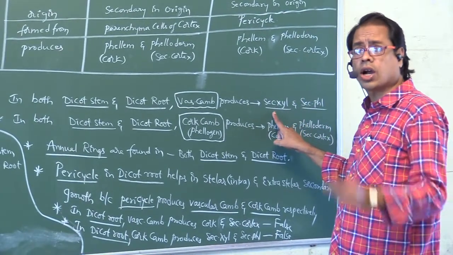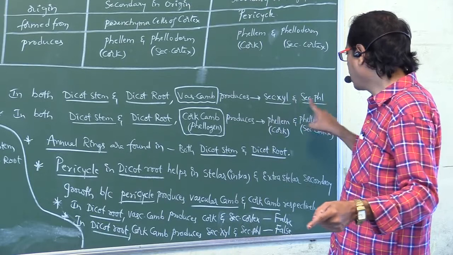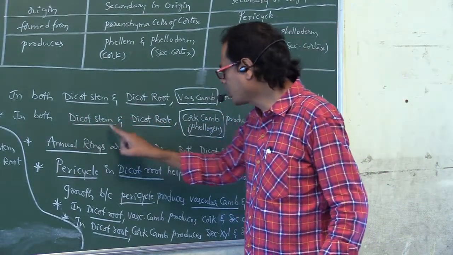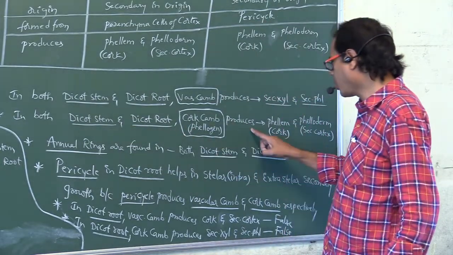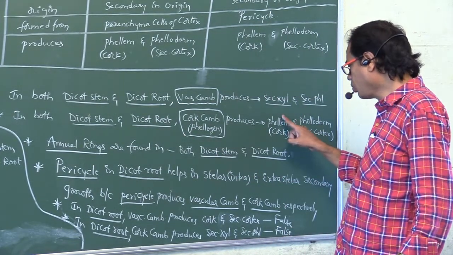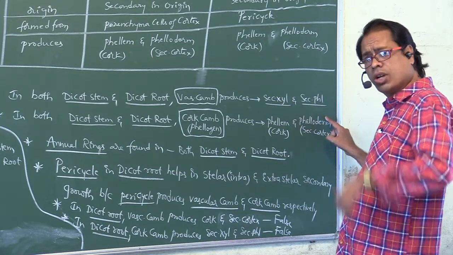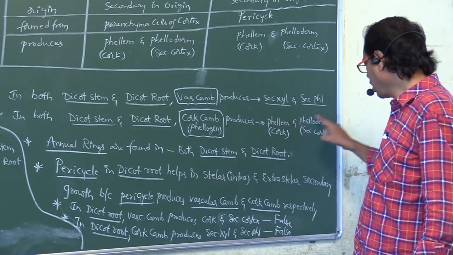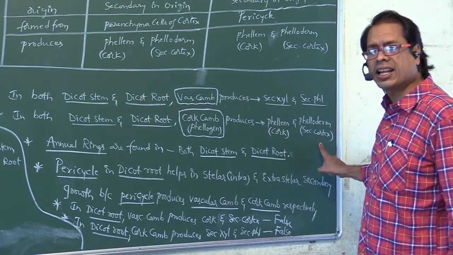Cork cambium in both dicot stem and dicot root produces phellem and phelloderm. This point you have to remember. Secondary xylem is also called wood. Secondary phloem is also called bast. Cork cambium produces phellem towards the outer side and phelloderm towards the inner side. Phellem is also called cork. Phelloderm is also called secondary cortex.